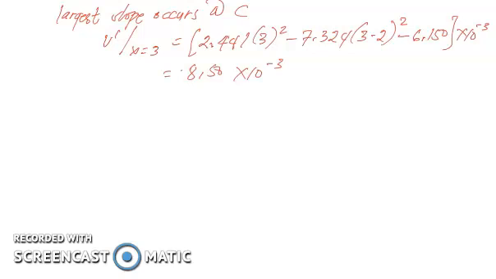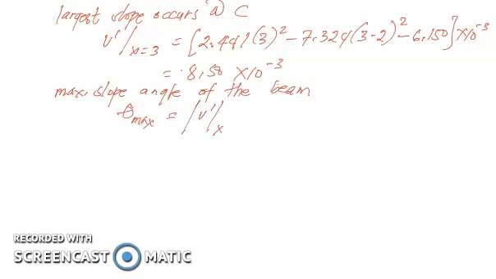The positive value for our V prime means that the beam rotates counterclockwise at point C. So therefore, our maximum slope angle of the beam, theta max, is equal to V prime at x equal to 3.